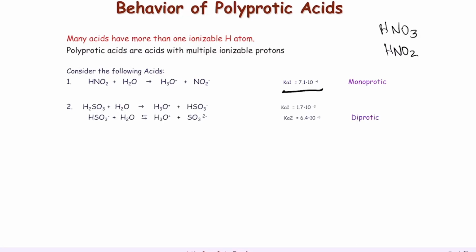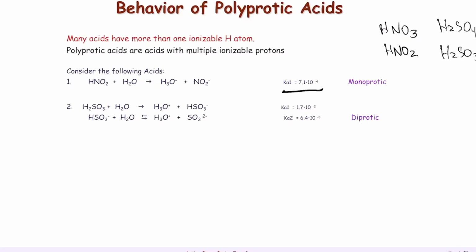Now, if you have a chemical that's diprotic, H2SO3, remember, is not sulfuric acid. Sulfuric acid is H2SO4. This is sulfurous acid, H2SO3. It's a weak acid, but it's diprotic.